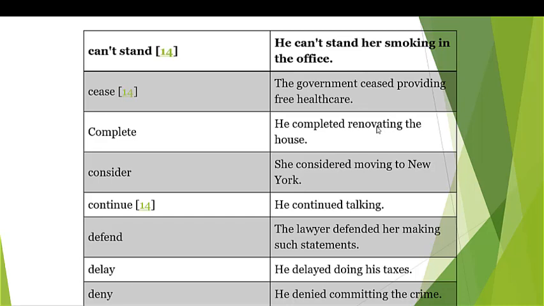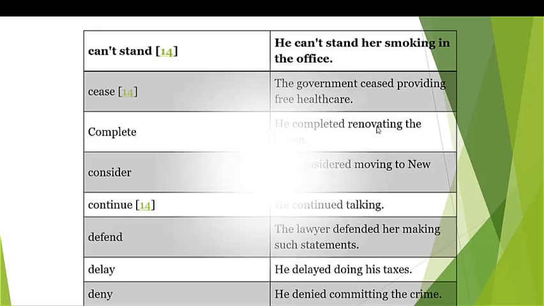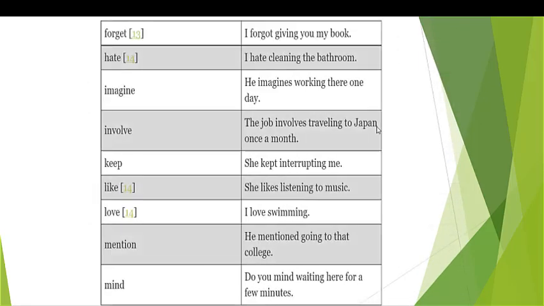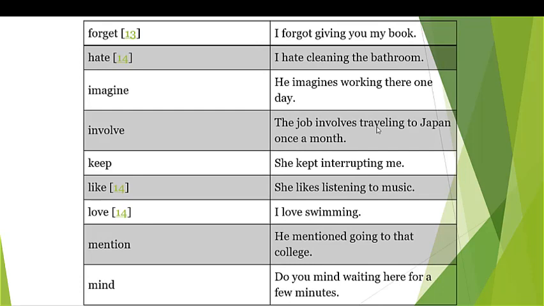He can't stand her smoking in the office. The government is providing free health care. And some other verbs. You have to memorize this. Forget. I forgot giving you my book. I hate cleaning. He imagines working.